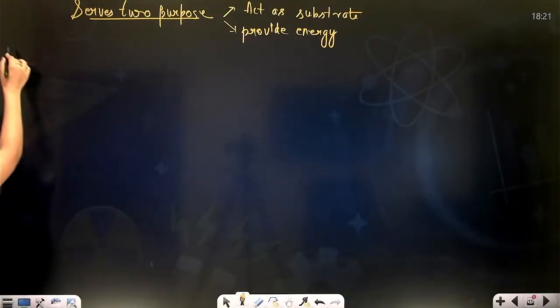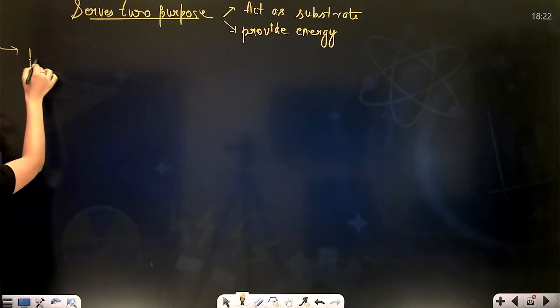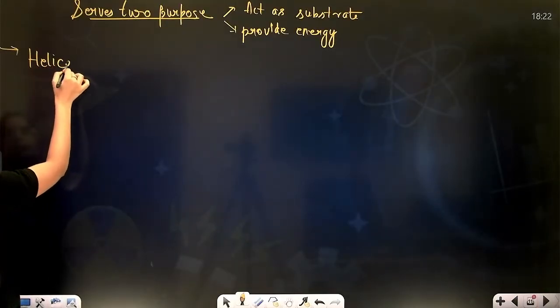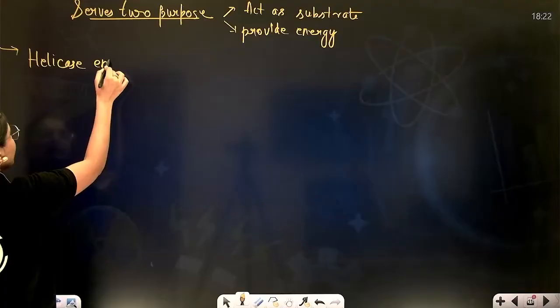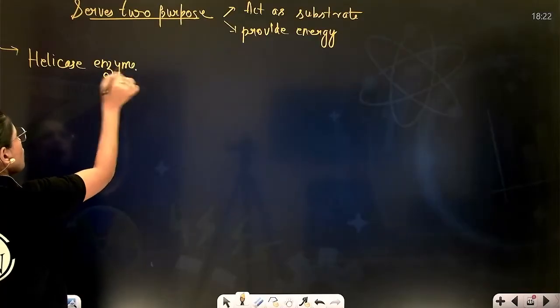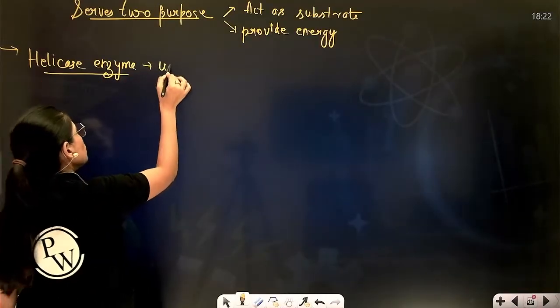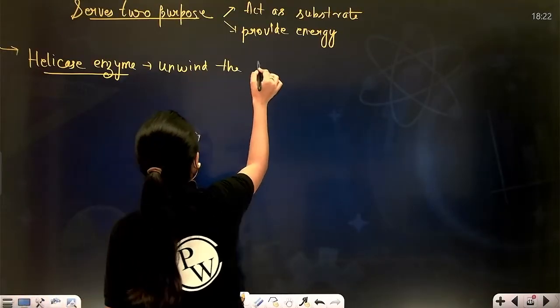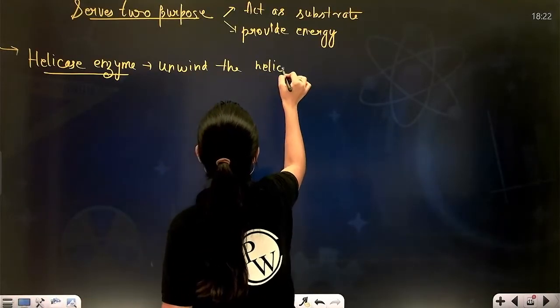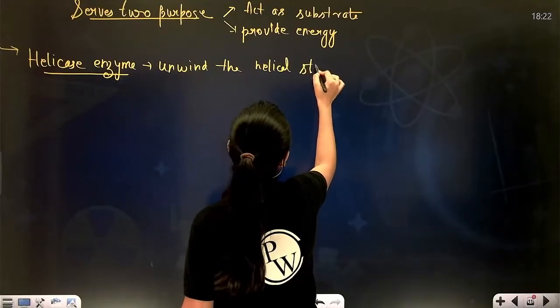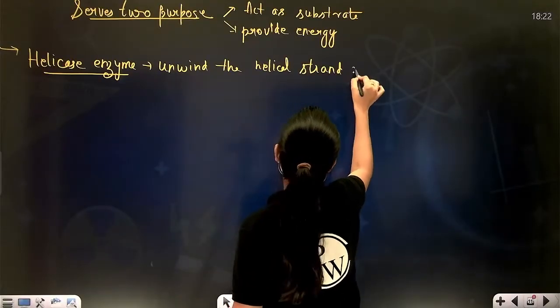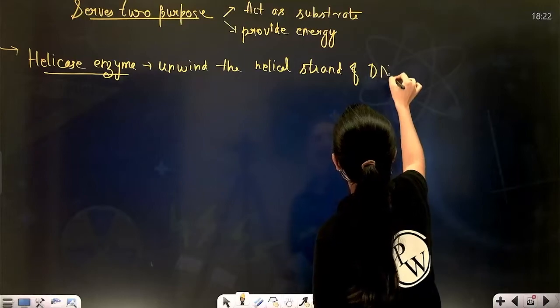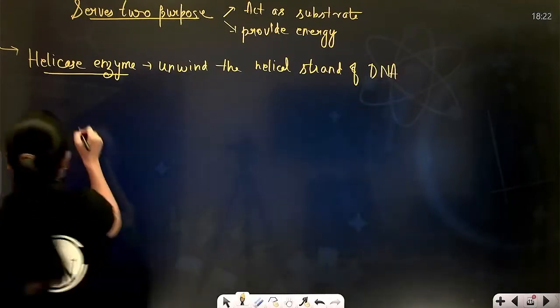Now, after the second step is completed, now comes the helicase enzyme. Helicase enzyme is now used to unwind the double helical strand of DNA. See, now this is the condition.